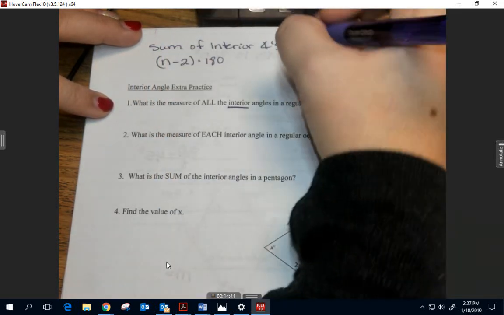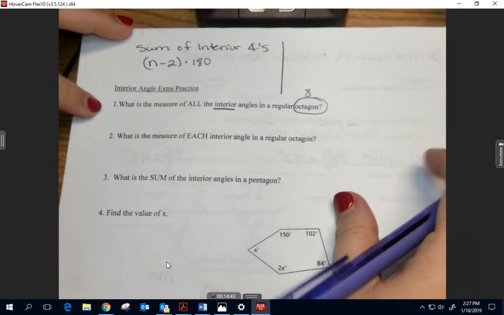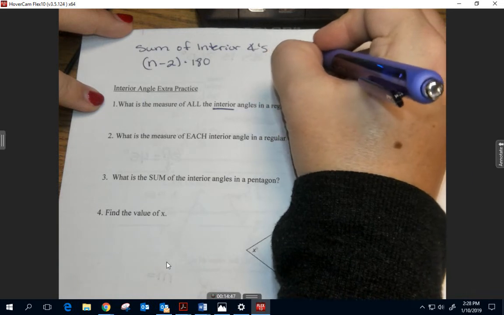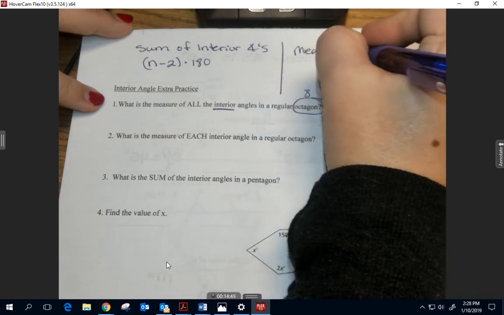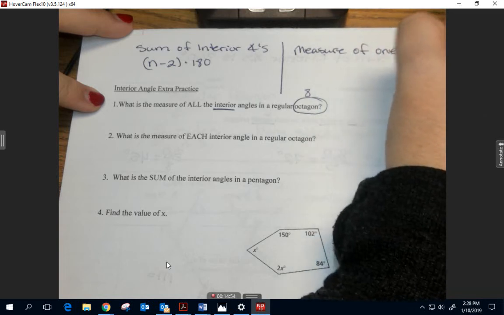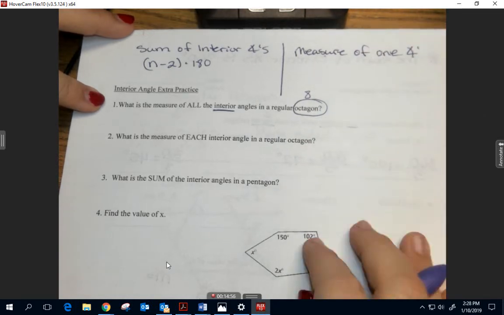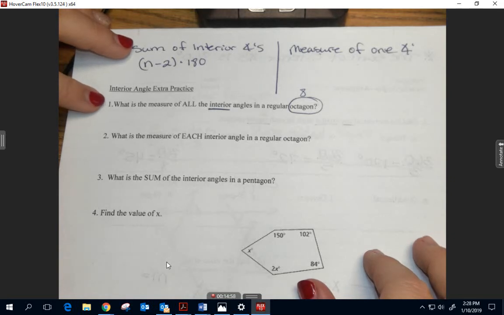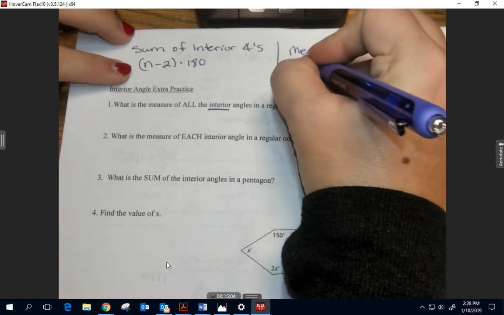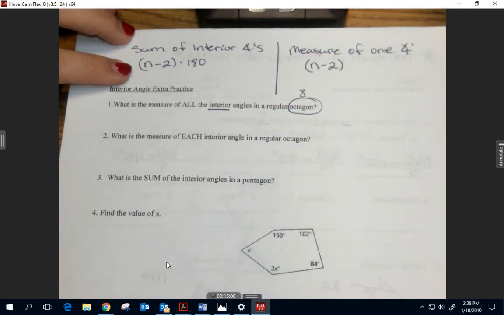Okay. One other thing we want to find is, how do you find the measure of one angle? Whoops, I don't know why I did that. How do we find the measure of one angle? Okay, that's for exterior though.